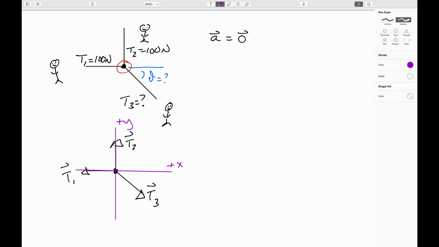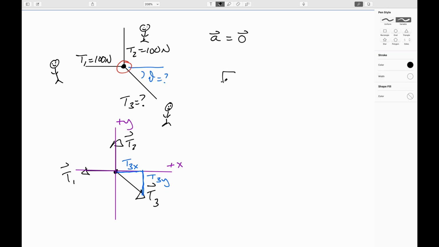T1 lies purely along X, T2 lies purely along Y. It makes the component taking easier. So then that just leaves us with taking components for the third force, T3. So we'll call this piece here T3X. That piece there, T3Y.